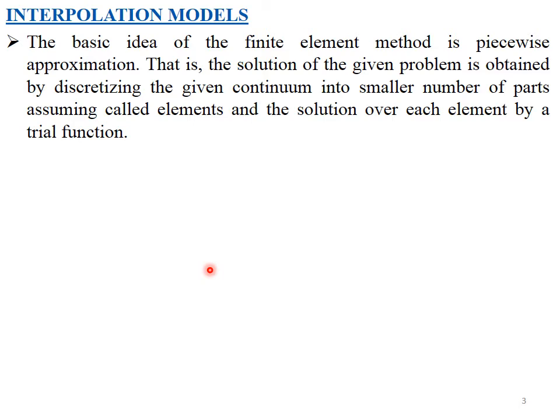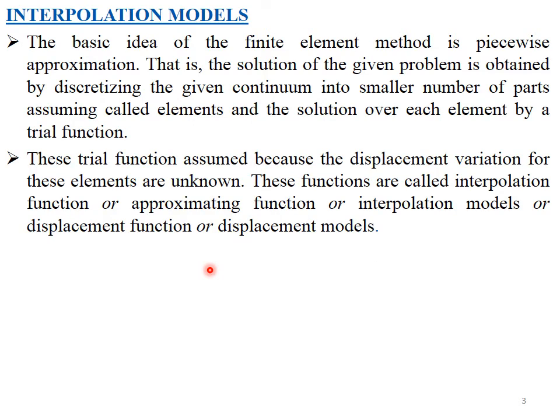What we do is we assume a trial function for each and every element. We assume it because the displacement variation within the elements is unknown. So the displacement functions are unknown, and in order to proceed, we assume a known trial function. These functions are called interpolation functions, approximating functions, interpolation models, displacement functions or displacement models.